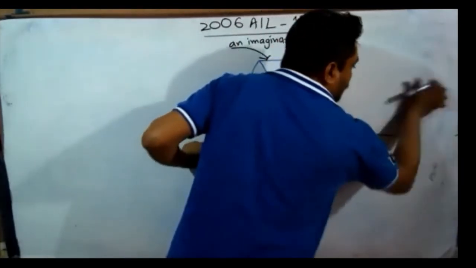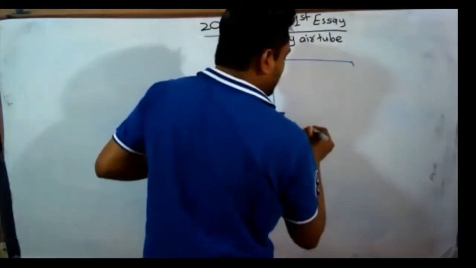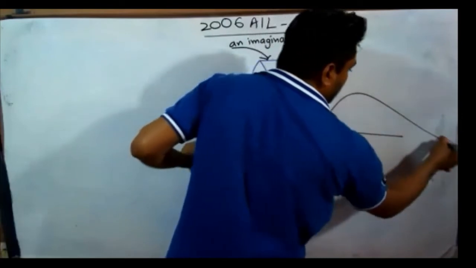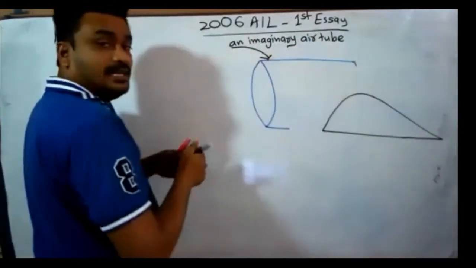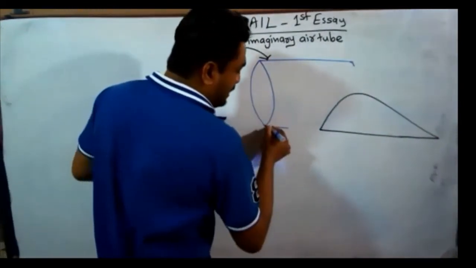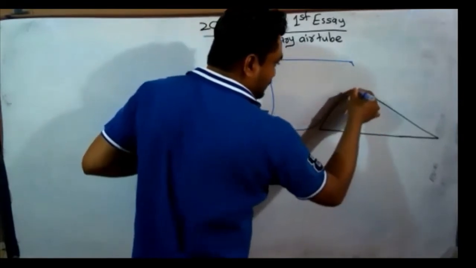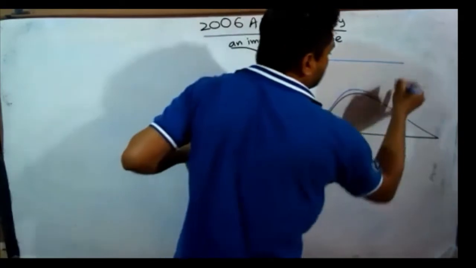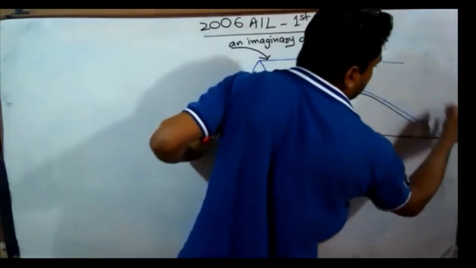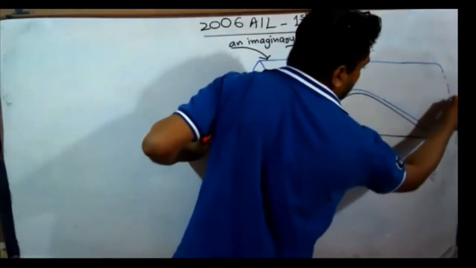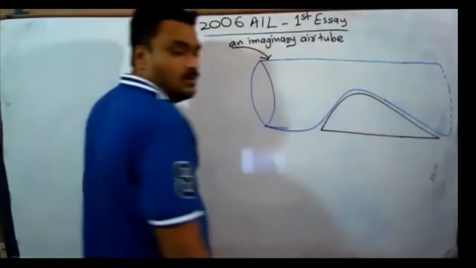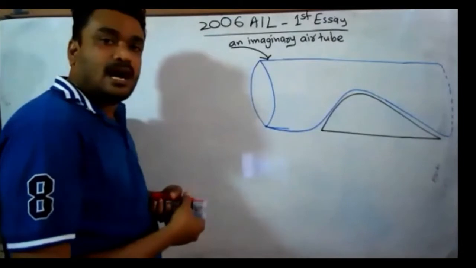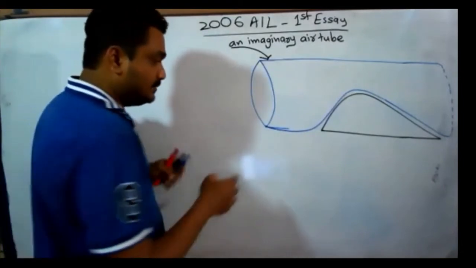Look, when this wing enters the imaginary air tube, these air particles will be bent like this. So that's what happens. Can you understand? This is what happens when the wing enters the imaginary air cylinder.